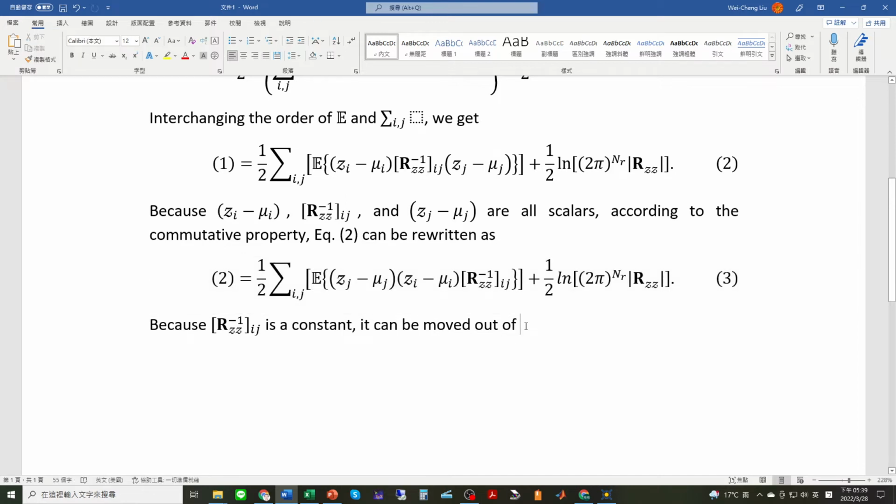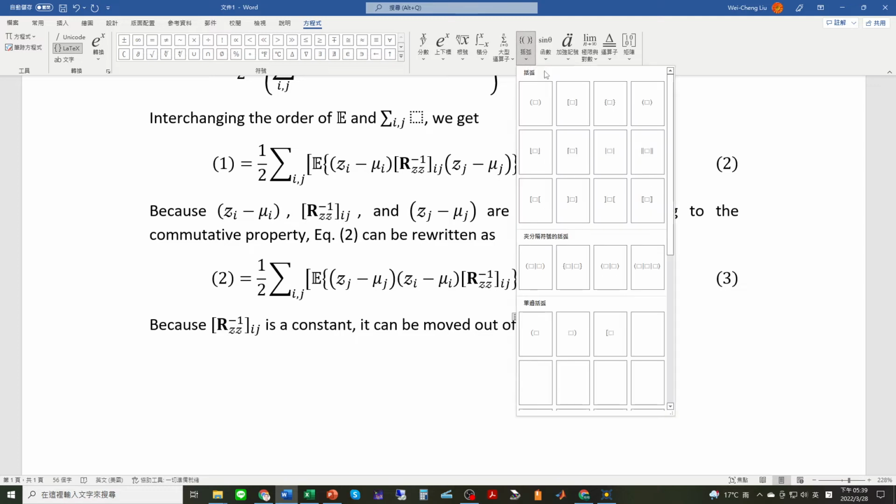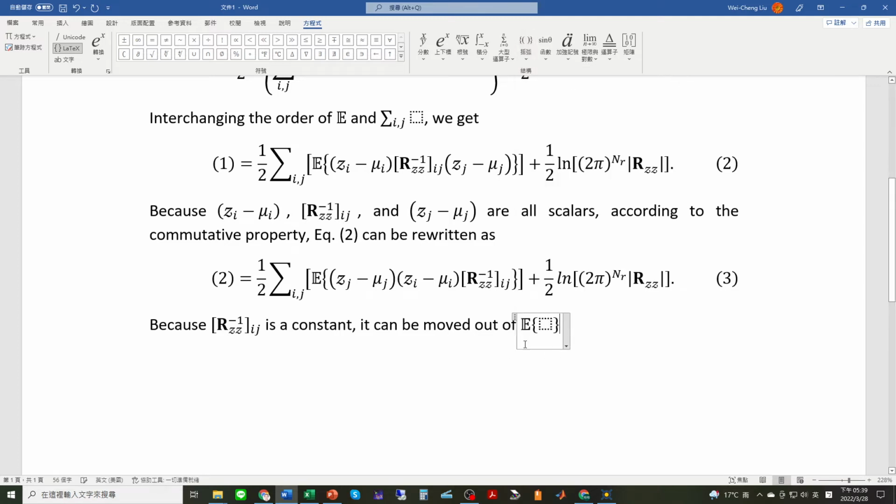Okay, this is an expectation, and I add a big bracket here. Okay, and I add a dot here.